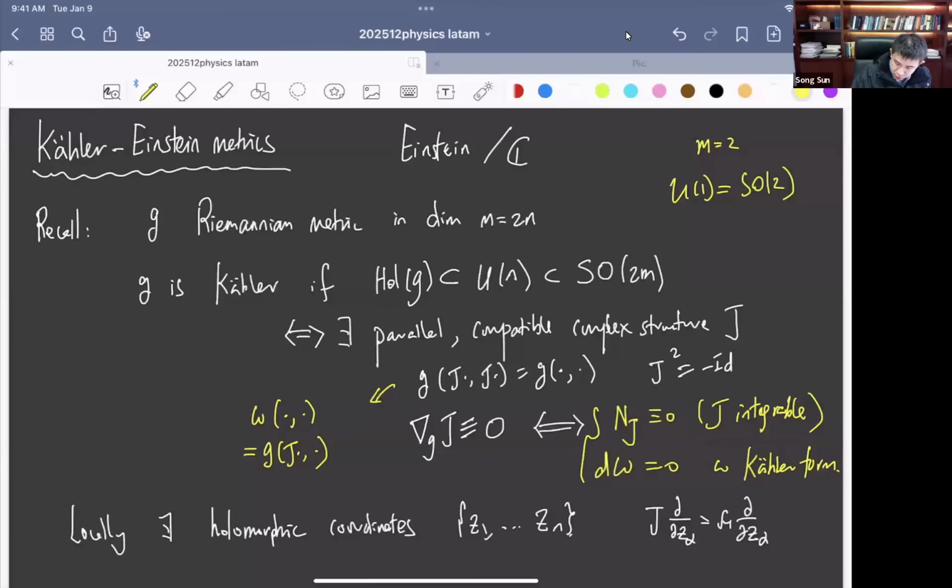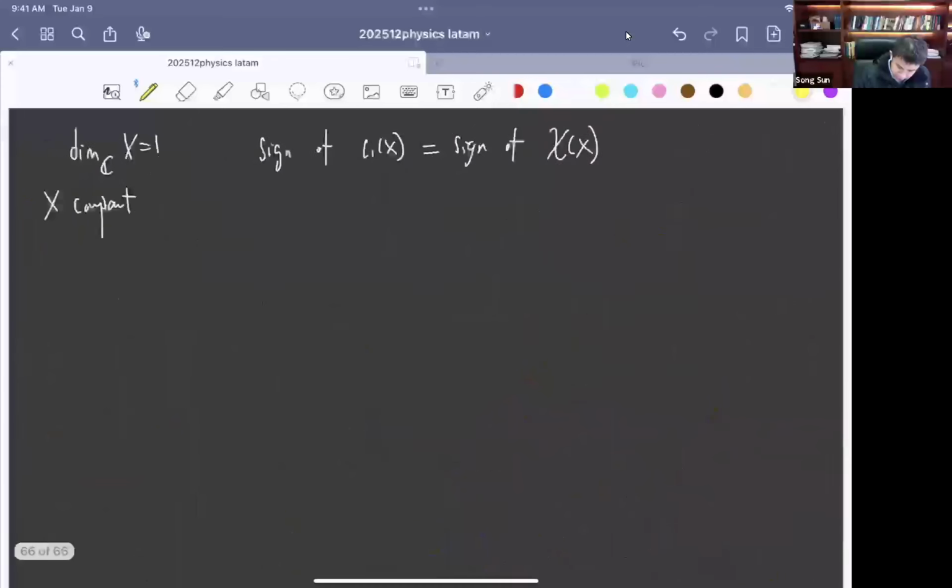The complex structure J is given by the Hodge-star operator. It is J acting on one forms dual to vector fields, given by the Hodge-star operator on one forms.